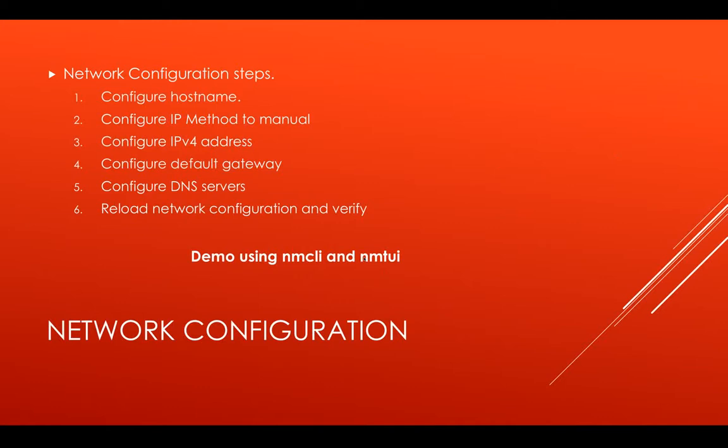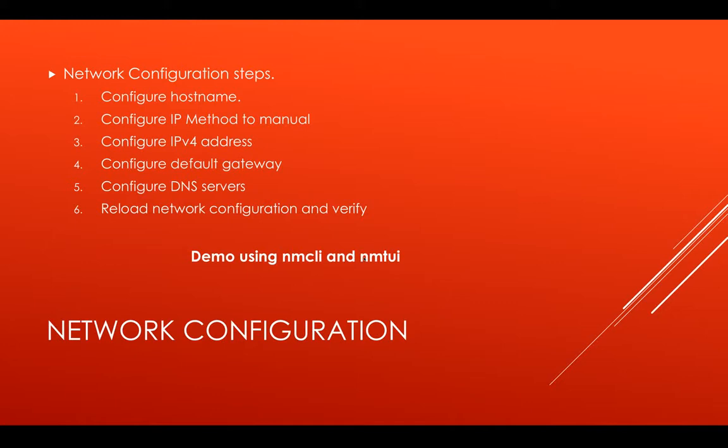Okay, so the first step is going to be to do some basic configurations. We're going to do these 6 configurations now. The first one is to configure the host name, then we will set the IP method to manual, then configure the IPv4 address, a default gateway, and a DNS, and then we will reload the interface just to make sure the configurations come back up.